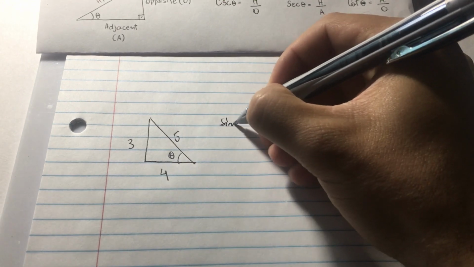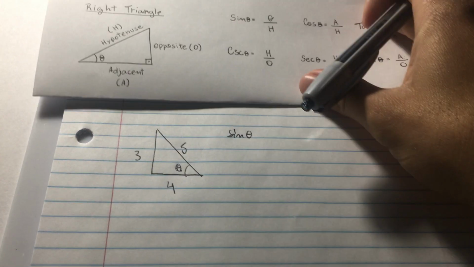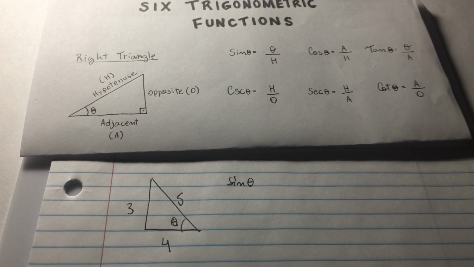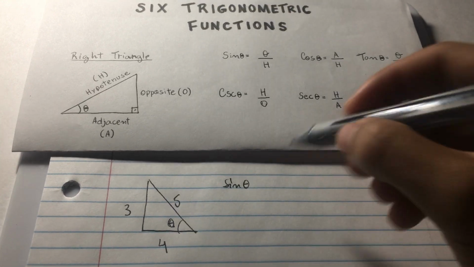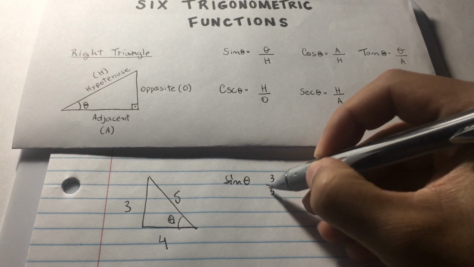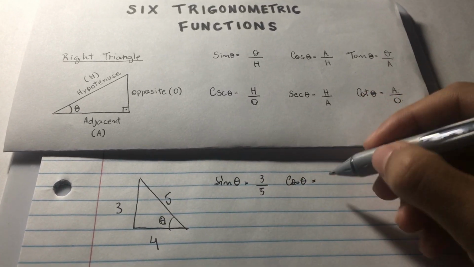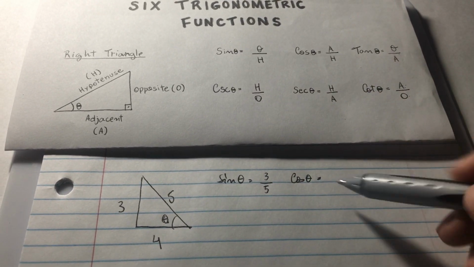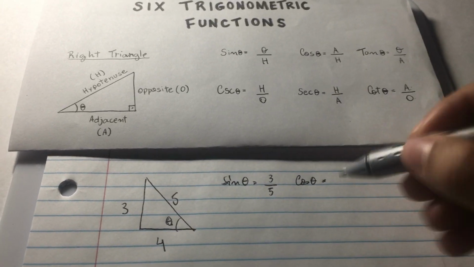And the sine of this theta right here will be, let's take a look back to the formulas. Sine of theta is going to be the opposite side over the hypotenuse, which is 3 over 5. Cosine of theta is going to be equal to the adjacent side, 4, over the hypotenuse.